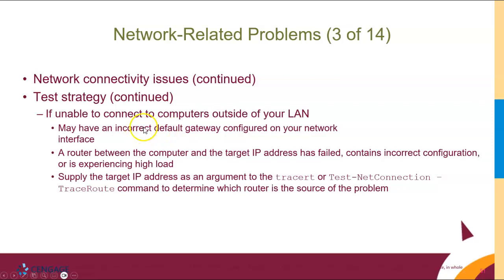If you're unable to contact computers outside of your LAN, as I just said, it may have an incorrect default gateway configured on your network interface. The router between your computer and the target IP address has failed, contains incorrect configuration, or is experiencing high load. And then you supply the target IP address as an argument to the tracert or trace route command to determine which router is the source of the problem.